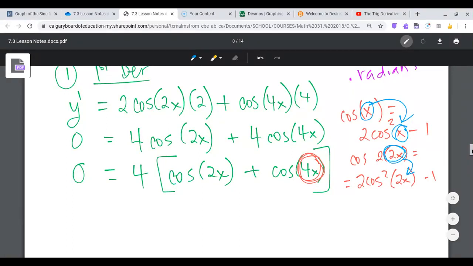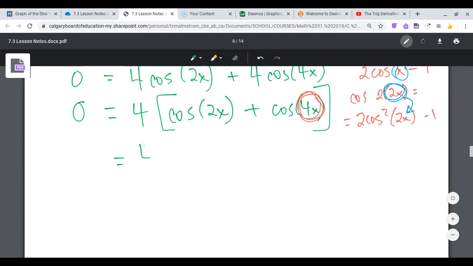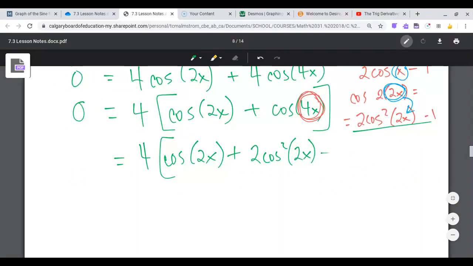So I'm going to now replace in my derivative the cos 4x with this new piece, so plus 2 cos squared of 2x minus 1. Then I am going to just get rid of that 4 by dividing it to the other side; 0 divided by 4 goes away.